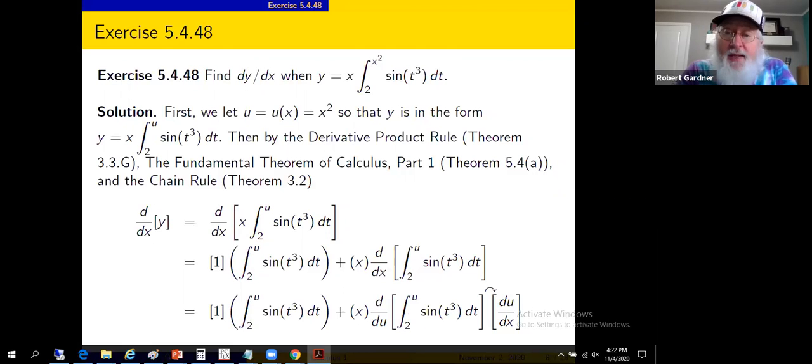It says what it says, and what it says is you got a composition of functions multiplied by the derivative of the inner function. The inner function is u, by the way. U is x squared, so this would be 2x. And we went through that because now we've got an integral from 2 to u, and we're differentiating with respect to u.